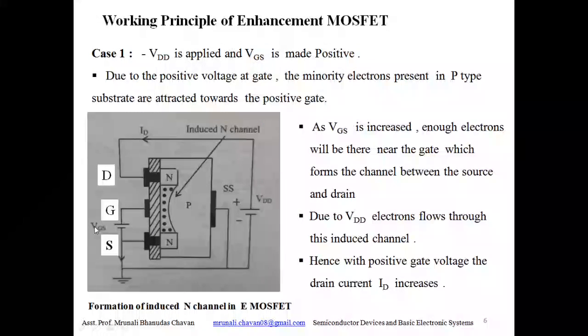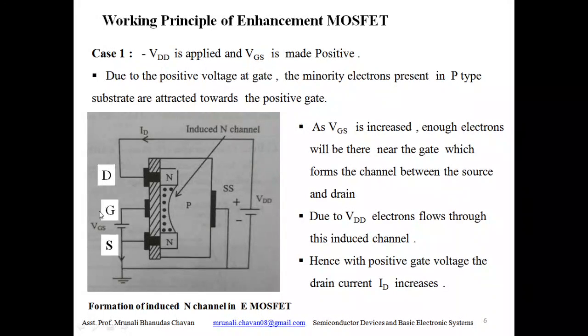So it makes VGS positive. Due to the positive voltage at the gate, the minority electrons present in the p-type substrate are attracted towards the positive gate.